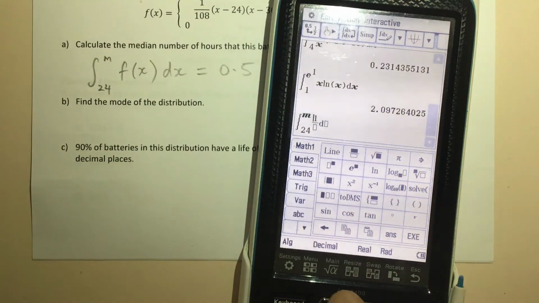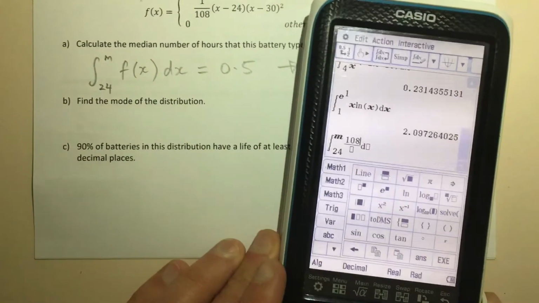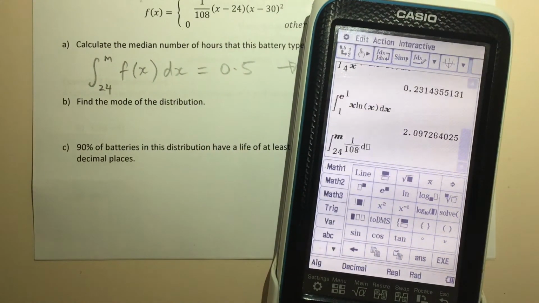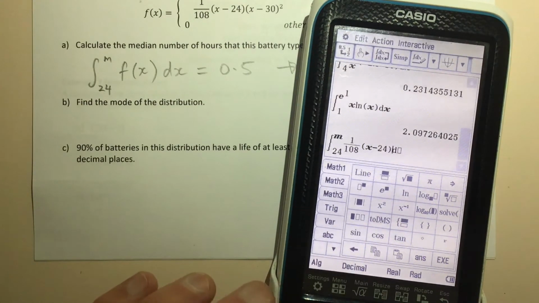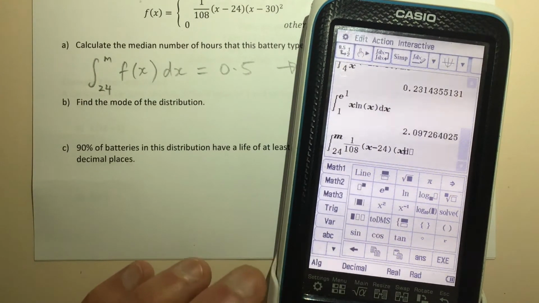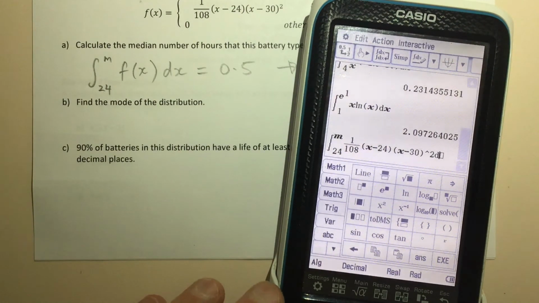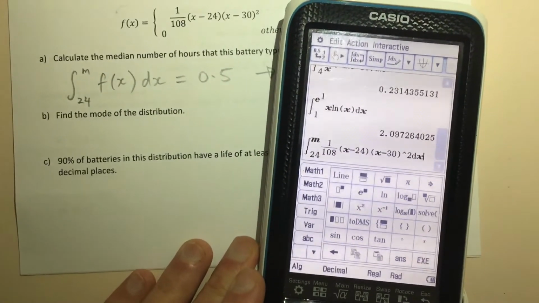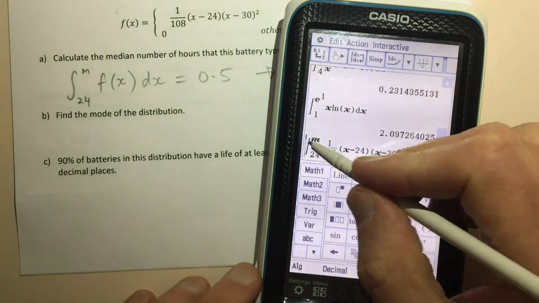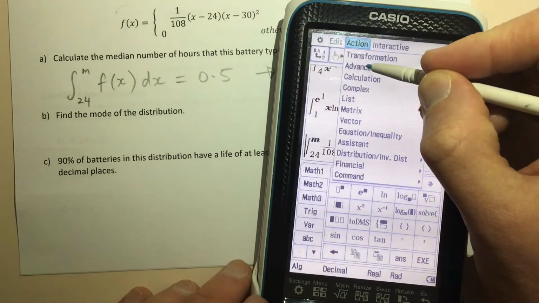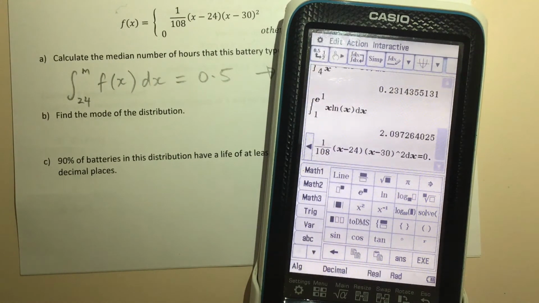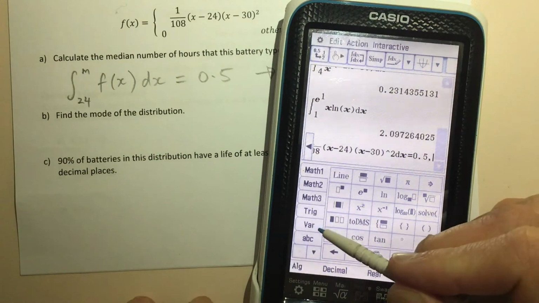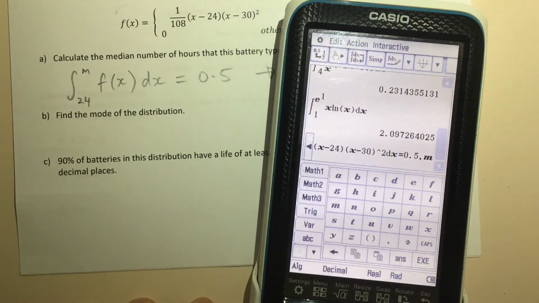So, 1 over 108 times x minus 24 times x minus 30 squared, with respect to x. So there's our integral with our terminals on it. And we're going to solve and let that equal 0.5. And of course, we're solving for m, so tell the calculator to solve for m rather than x.